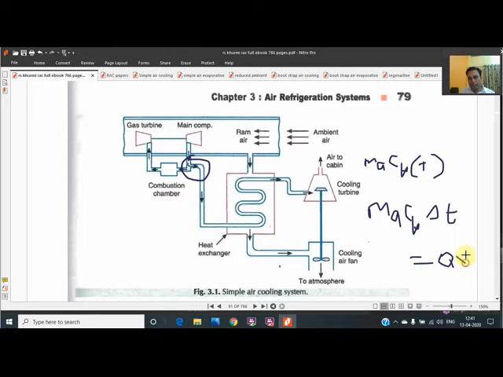Then what we used to do, we used to multiply Q by 210, because in most of the questions of Khurmi, the writer which I am referring to, they have converted the ton into kilojoule per minute. But in certain cases, if we are doing the question in the SI system, we used to convert Q into kilowatt.